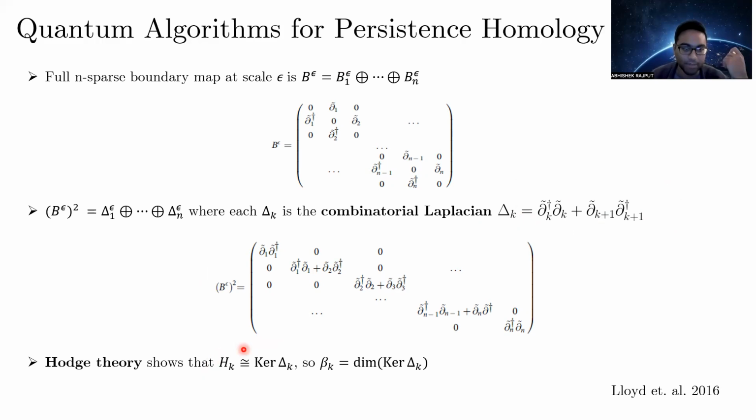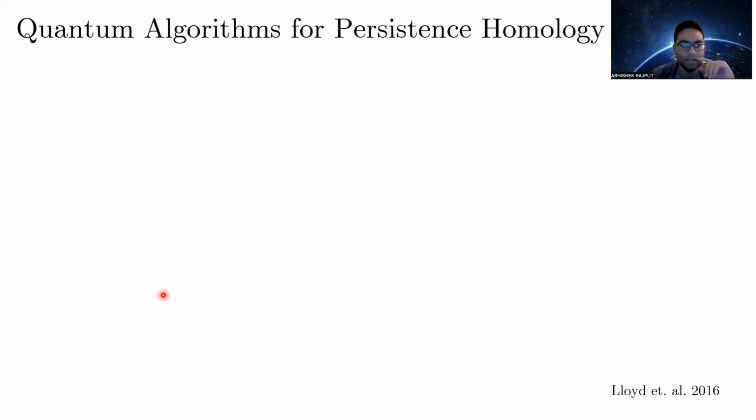It's the same exact thing. The Betti number is the dimension of the kernel of this Laplacian. So if you want the kth Betti number, the number of k-dimensional holes, you look at the kth combinatorial Laplacian and the dimension of its kernel, and you can extract that information. So this boils down to a rank estimation or a kernel estimation problem, whichever way you want to see it.